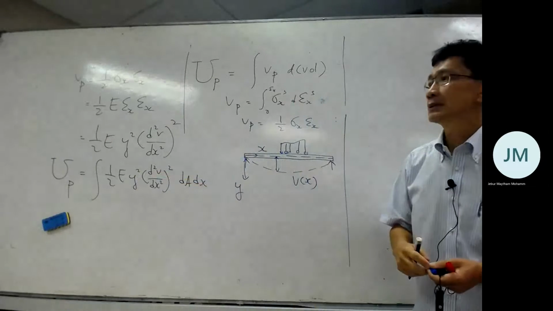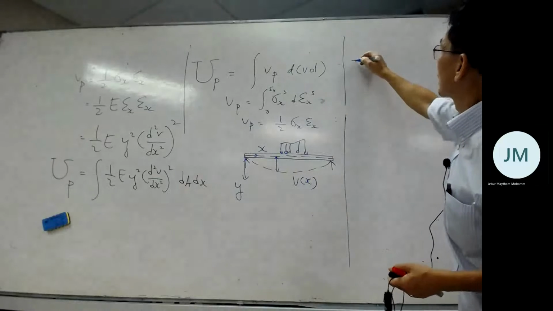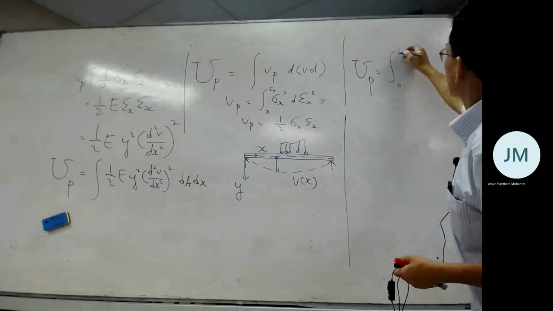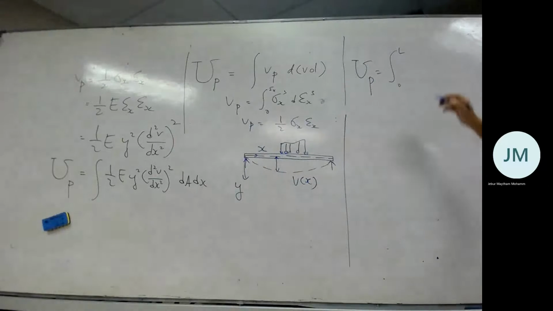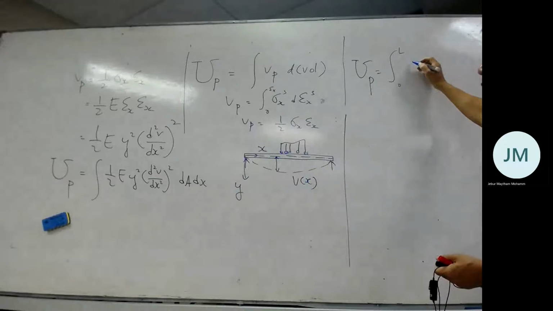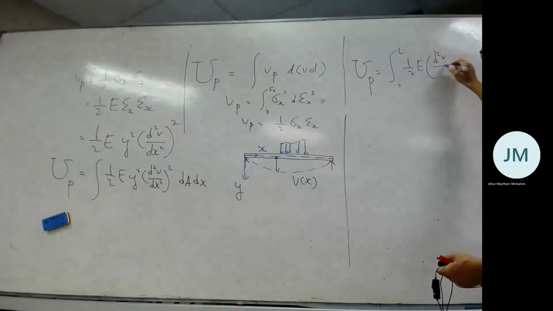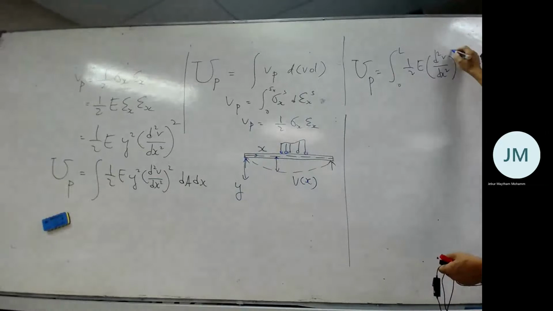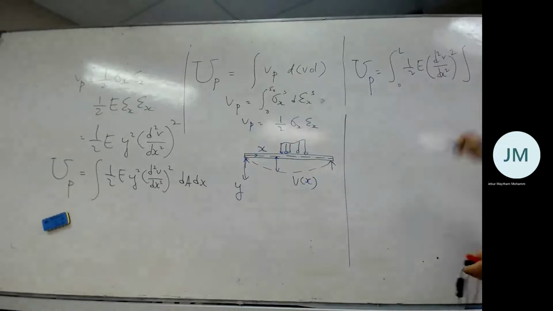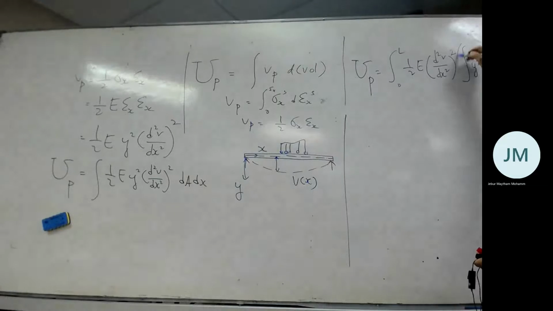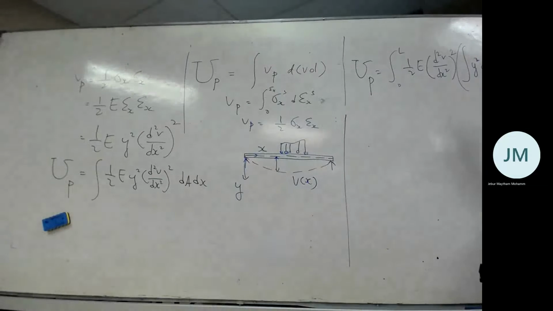So that means U is equal to, you can take the constants out, half E d2v dx2 square, and then integrate y square dA dx.